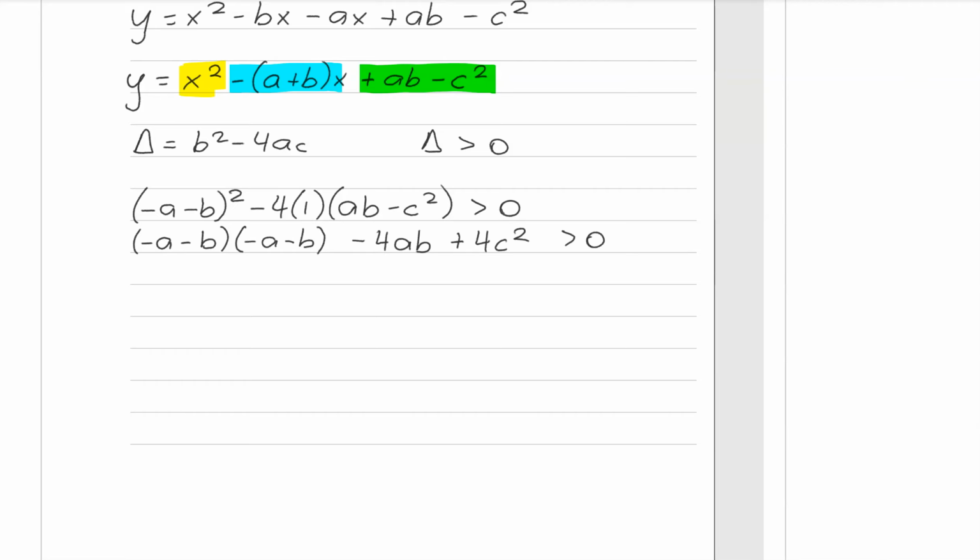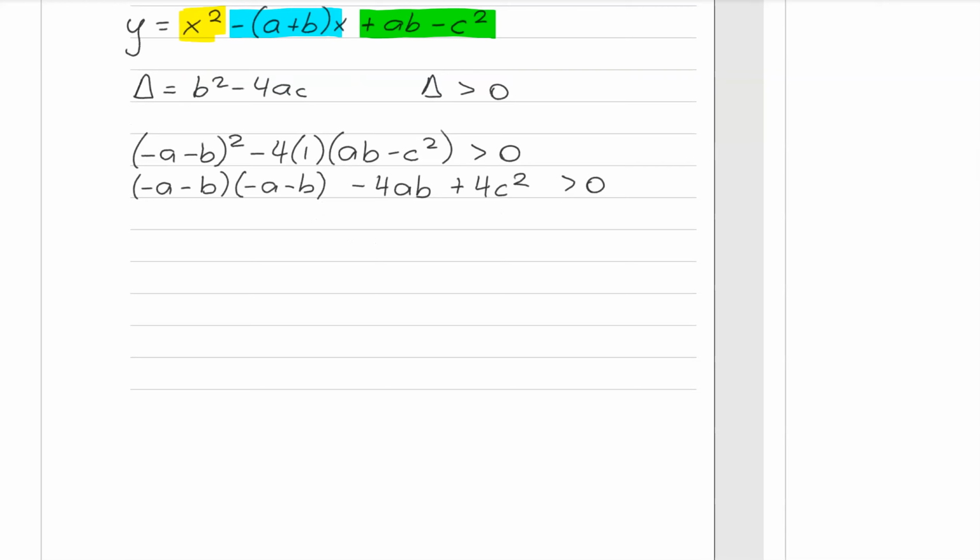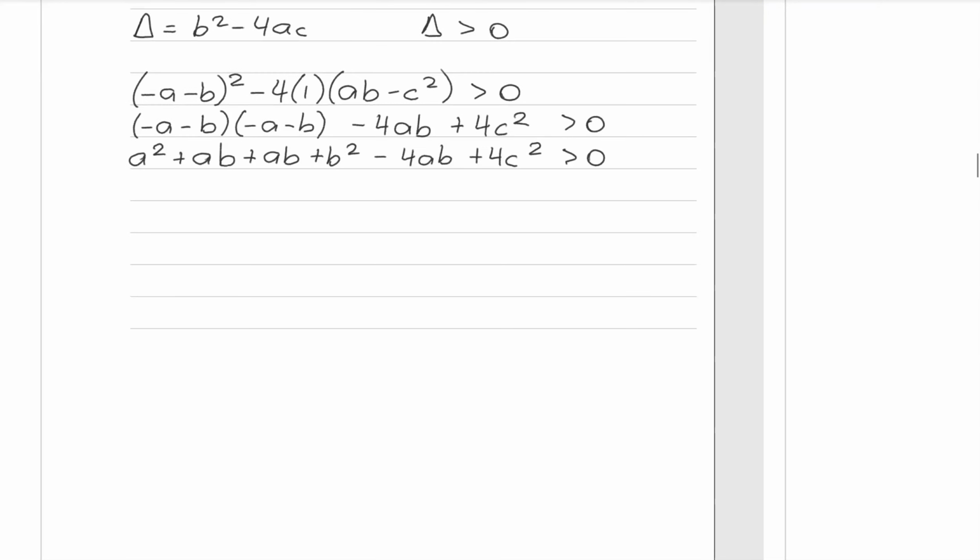is greater than 0. So we've got negative a times negative a is positive a squared, negative a times b is negative ab, negative b times negative a is positive ab, and negative b times negative b is positive b squared, minus 4ab plus 4c squared is greater than 0.